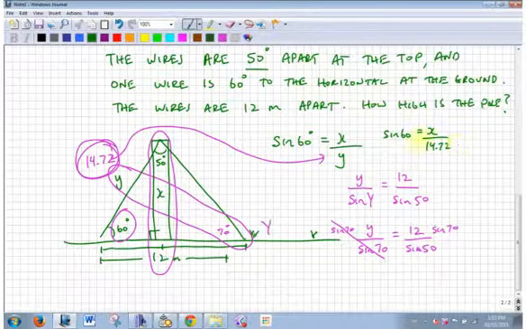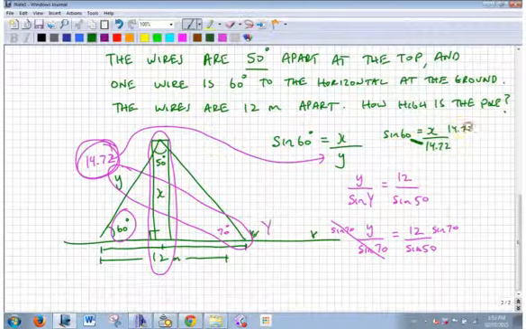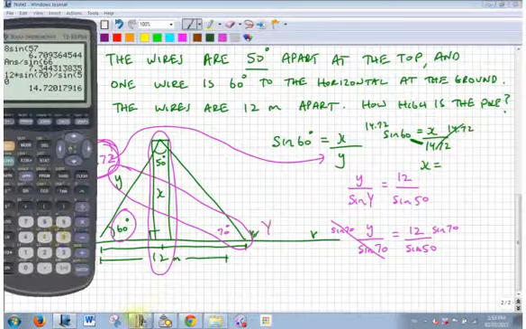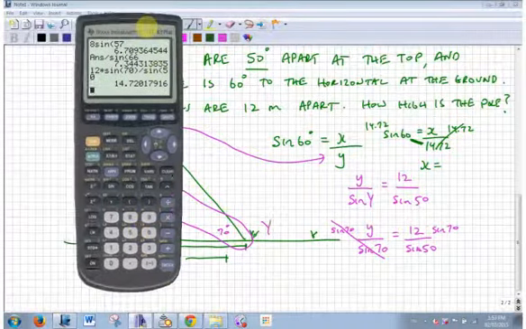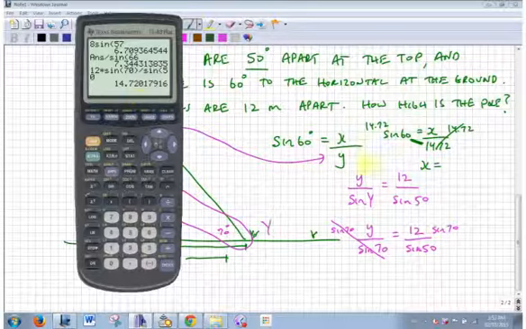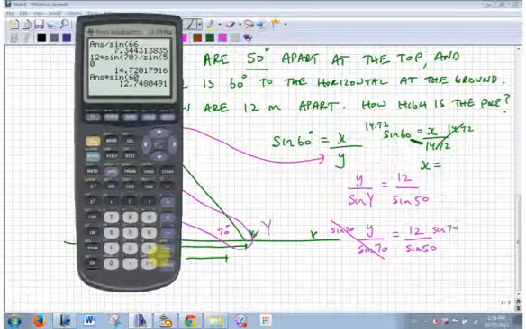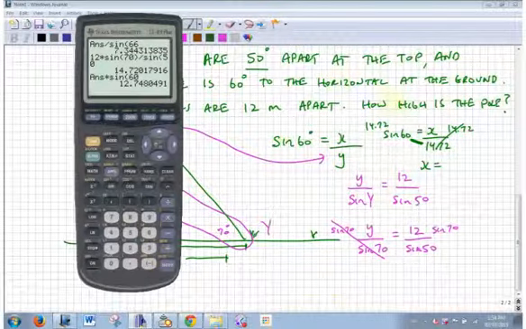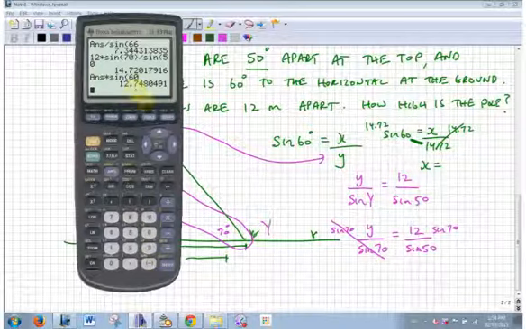Times both sides by 14.72, or you can think, just cross multiply. Same thing. 14.72 times sine 60 is x, and I still got the number in my calculator, so don't clear it. It's already there, and this is more accurate than that. 12.75. It doesn't say, so let's just go tenths. 12.7.